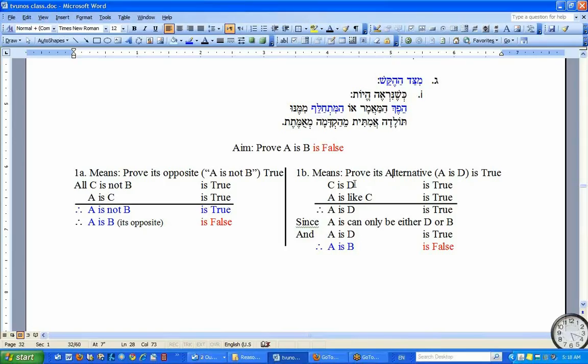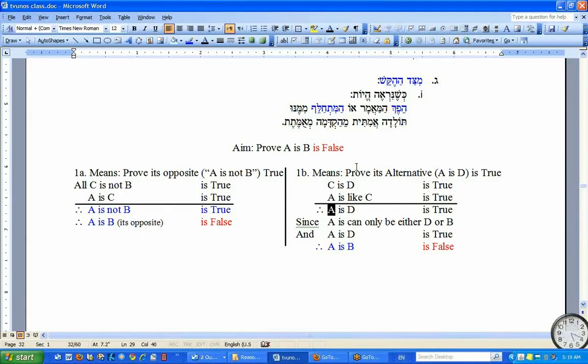So if C is D is true and A is like C, then A also has to be D. Again, this is a Bamatzino that we learned. That's the type of Hekesh we're going to use here. And the reason why I'm using these examples is because his example is going to follow this type of Hekesh. But let's go again. If C is D and A is like C, then A has to be D also, correct?